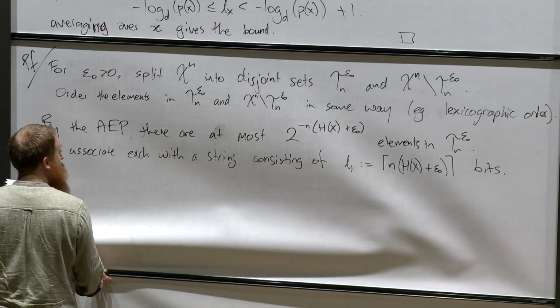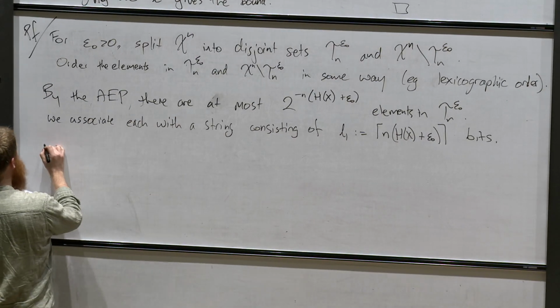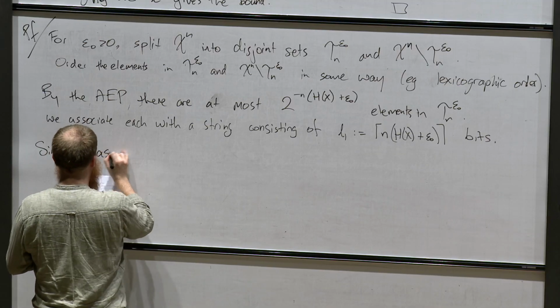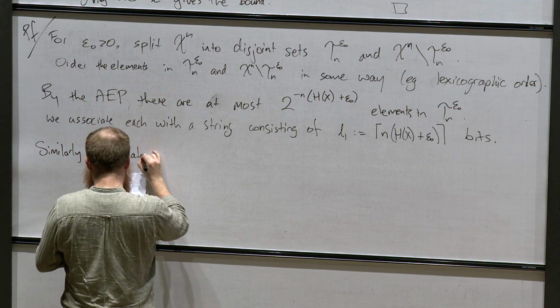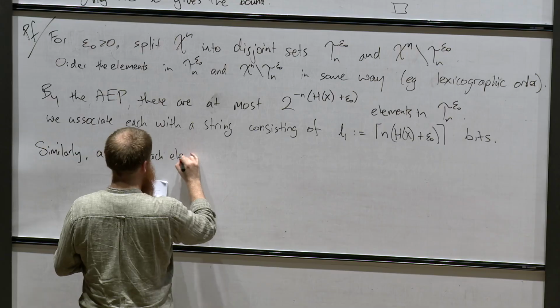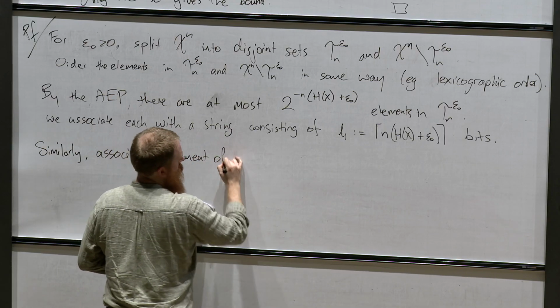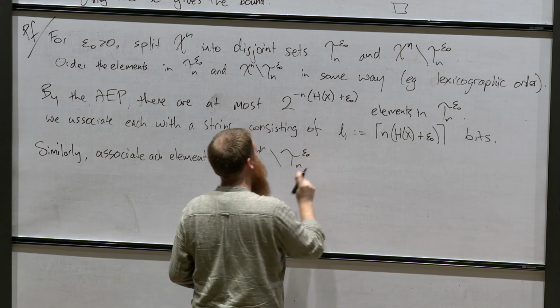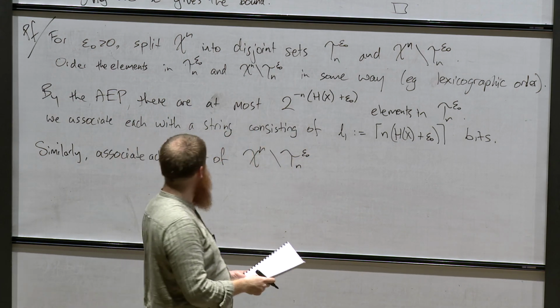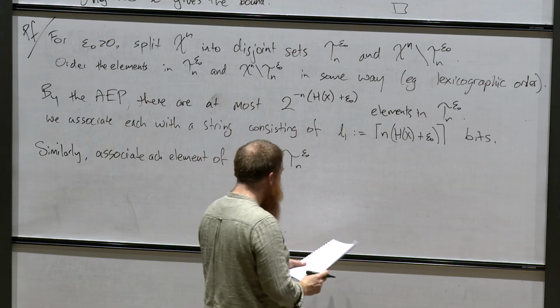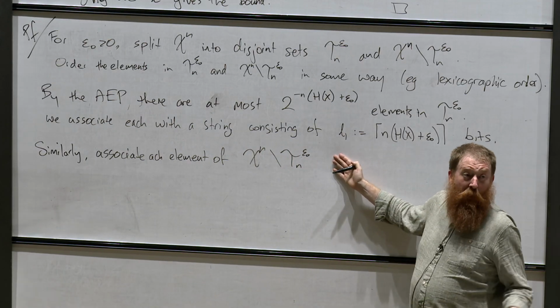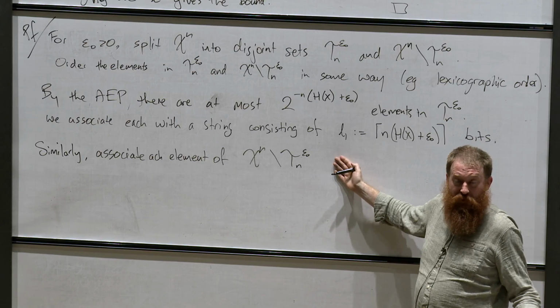Okay, similarly, associate each element of X^n minus T epsilon naught n, so all the atypical sequences. Well, okay, we don't really know too much how many there are, but we could bound this just from how many strings we started with.